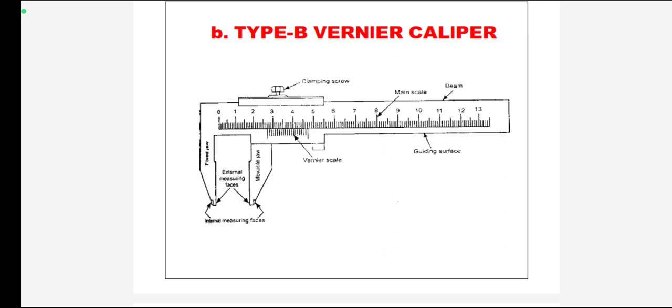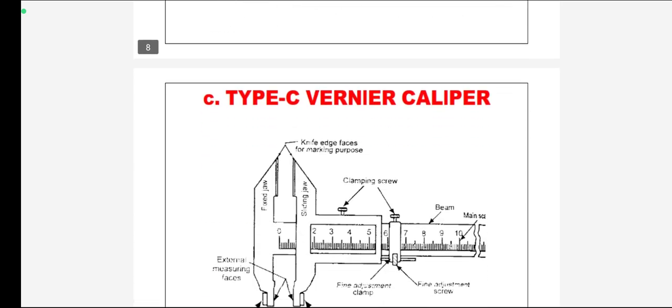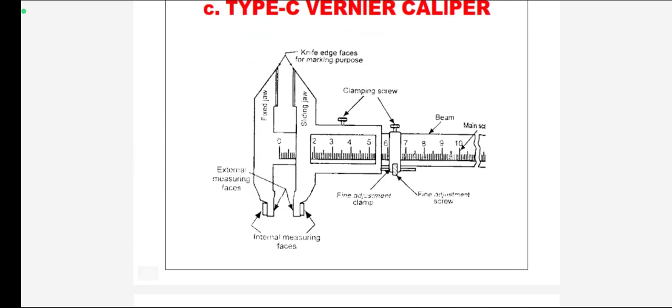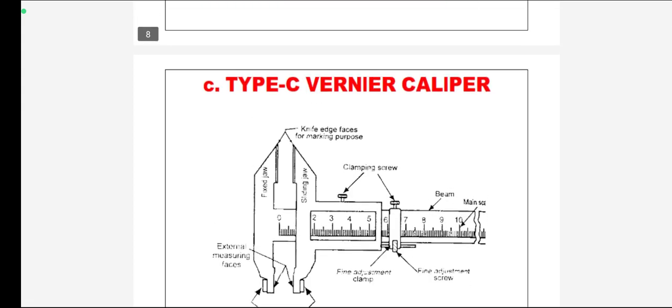Type C can measure the length of the shaft and also the internal diameter of the shaft.